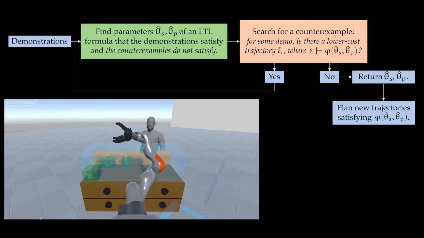We can then use the learned formula to plan new trajectories completing the task starting from different initial conditions.